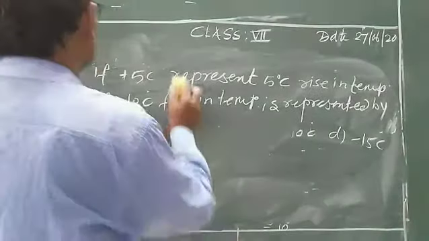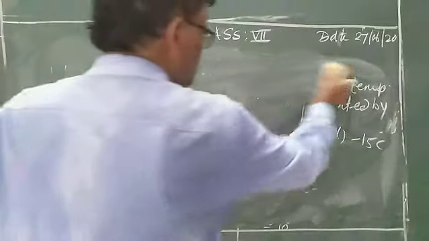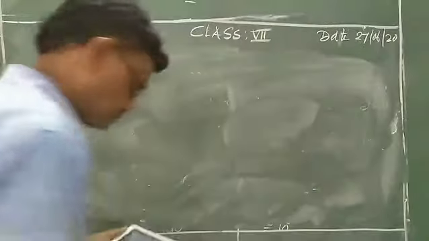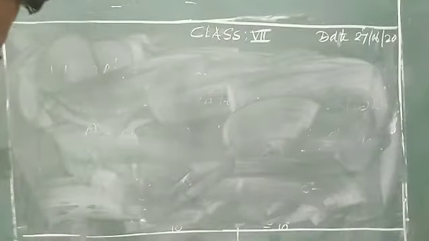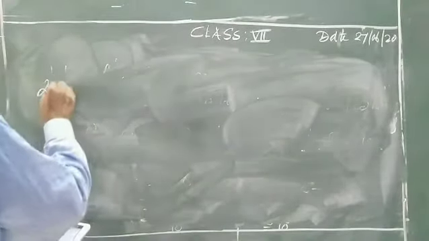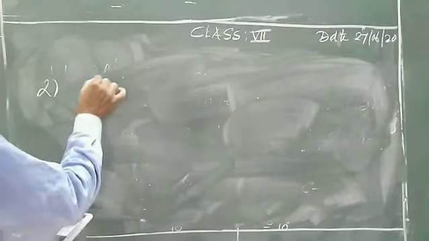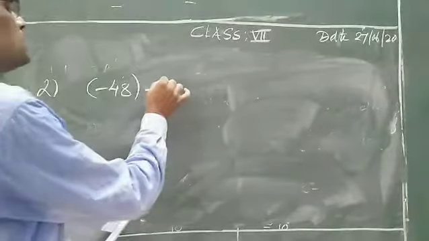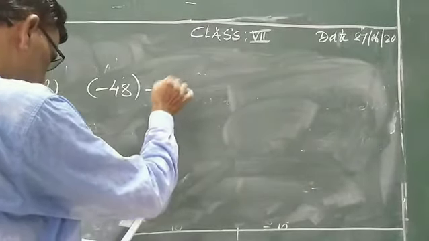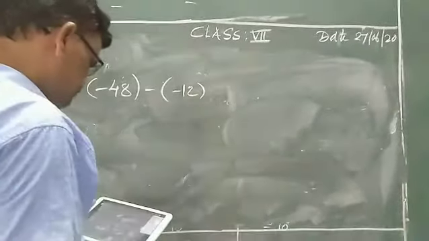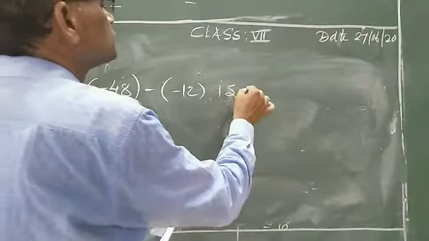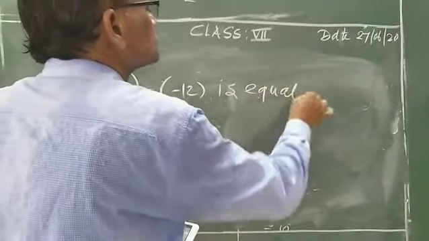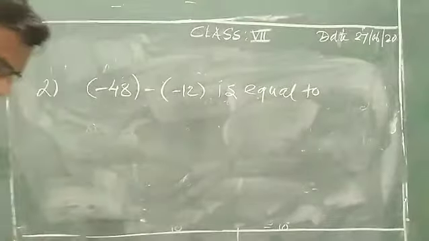Next problem. Second: negative 48 divided by 12 is equal to?